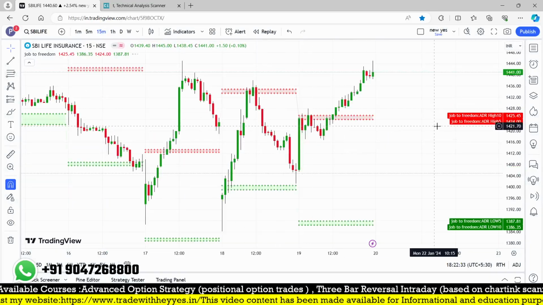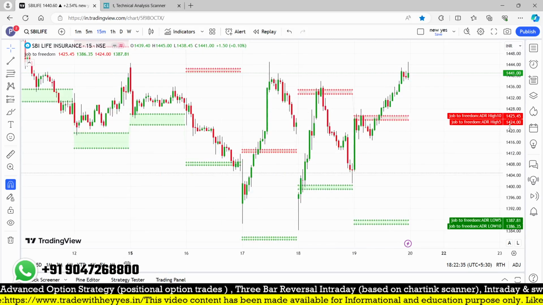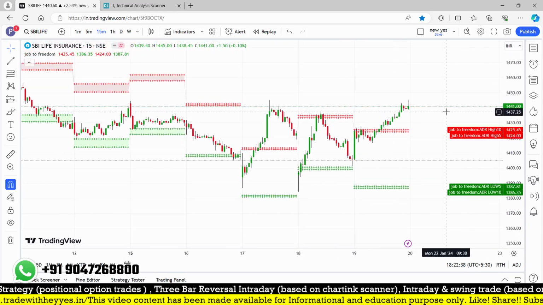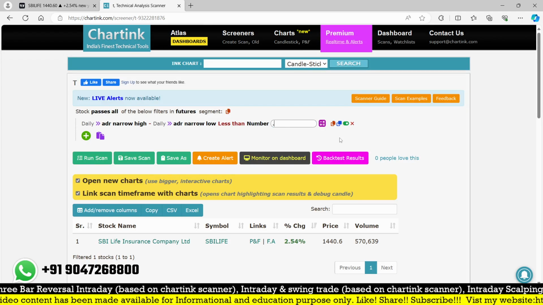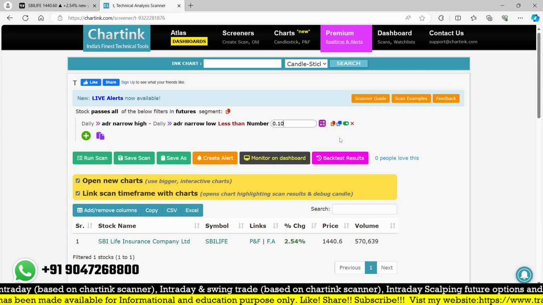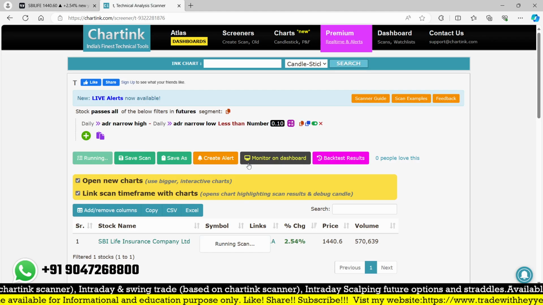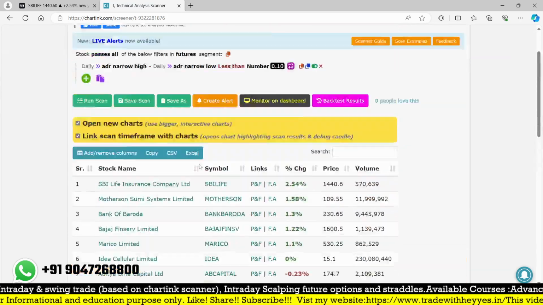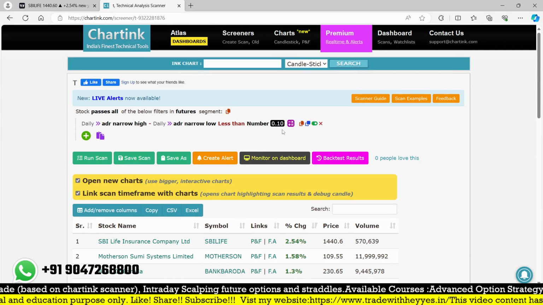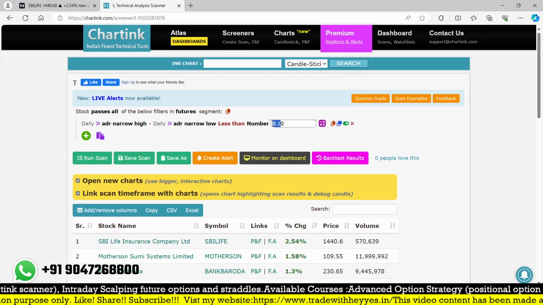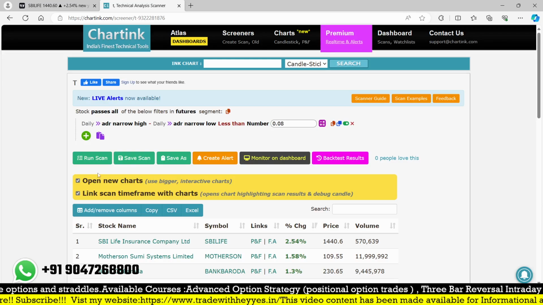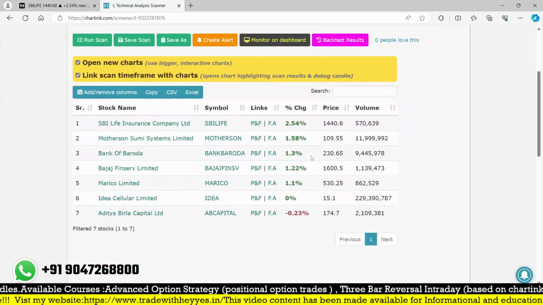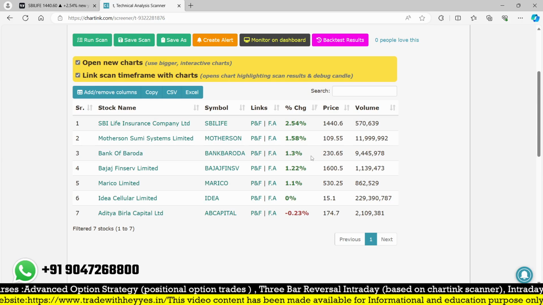Tomorrow we are going to look for stocks forming a very tight range, and you can adjust this number. If you make it 0.10, we will get 7 stocks. So we can change it. Normally I just use 0.08, that always works better. And we can increase and decrease to find even more perfect stocks from this scanner.